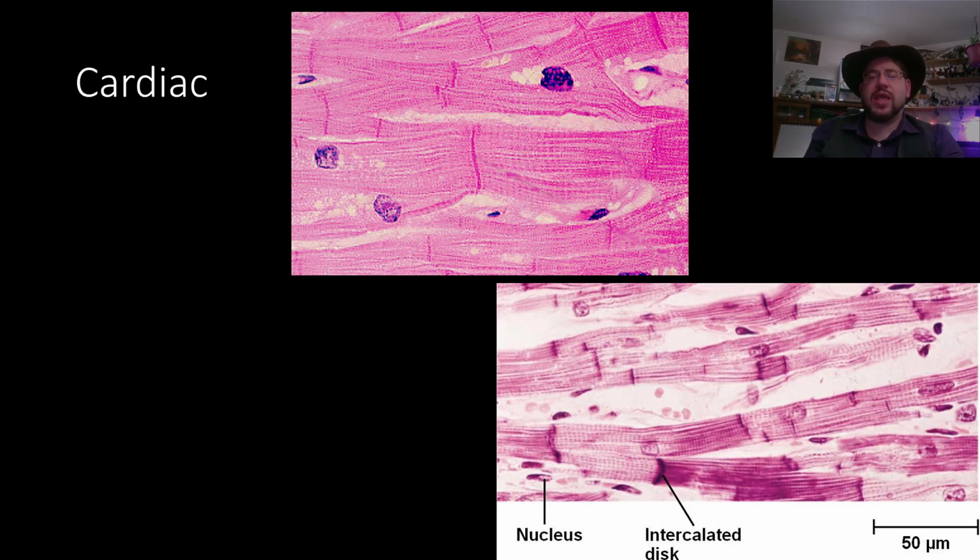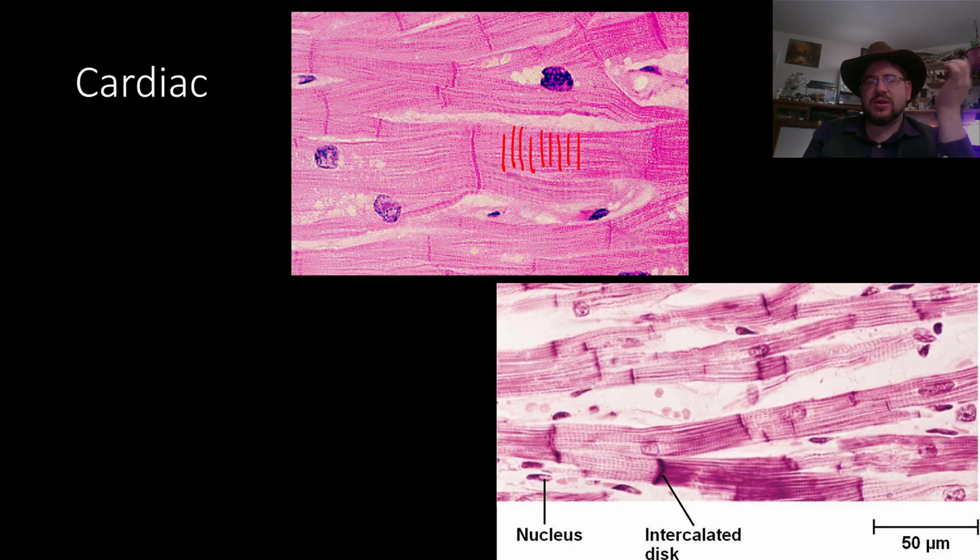Then lastly, we have cardiac muscle. Now you'll notice cardiac muscle has those striations, right? Indicating that it can do a lot of contraction, which makes sense. The more striations you have, the more drastic and powerful your contractions can be.